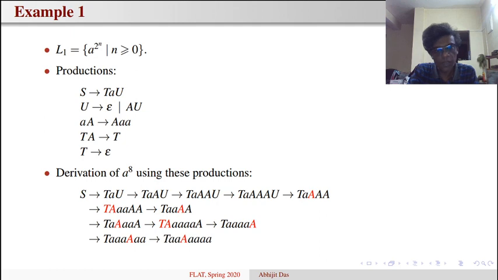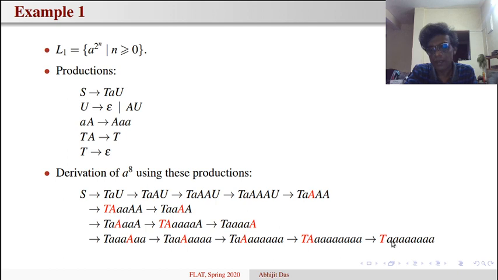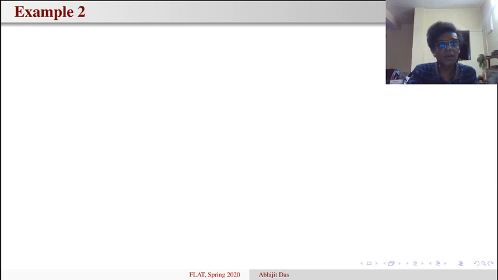One a gives 2 a's, the next one gives another 2 a's. Eventually it vanishes. Now the duty of the terminator is over. Whatever is remaining, no capital A's are remaining, no other non-terminal symbol is remaining. So now, peacefully, the terminator can vanish. 8 a's.